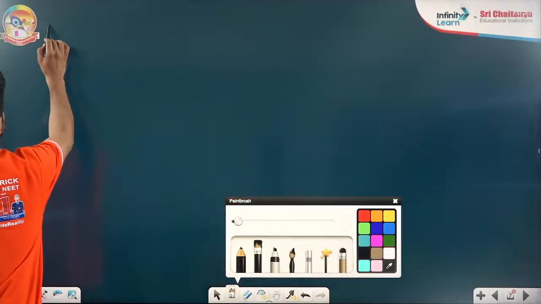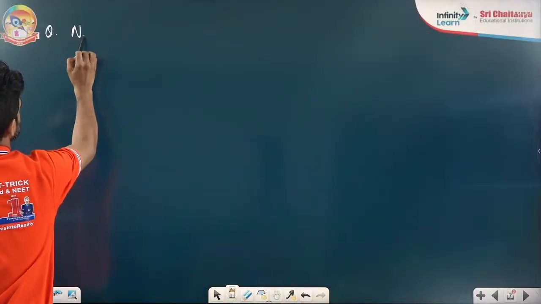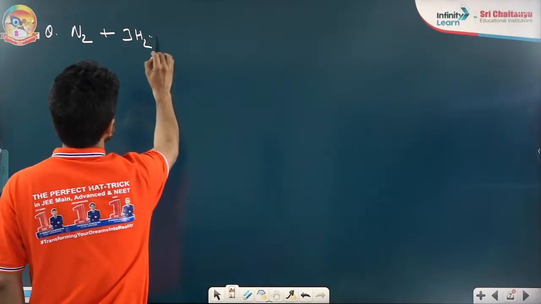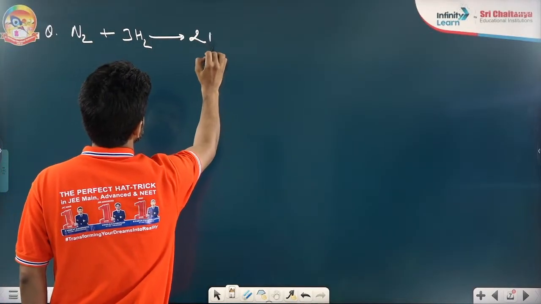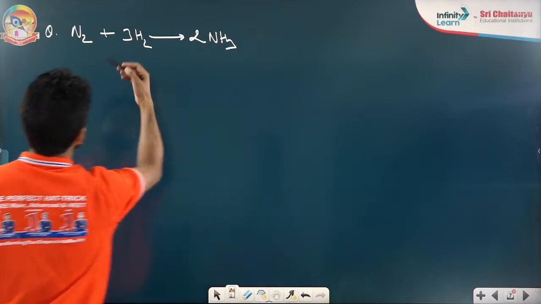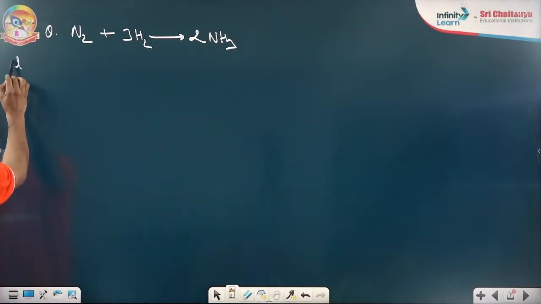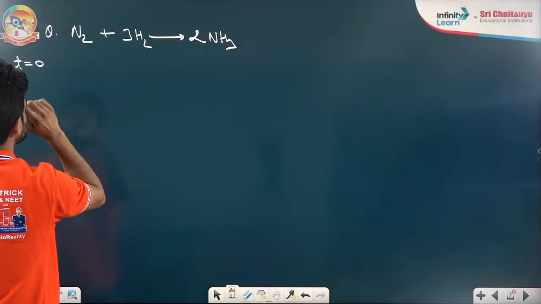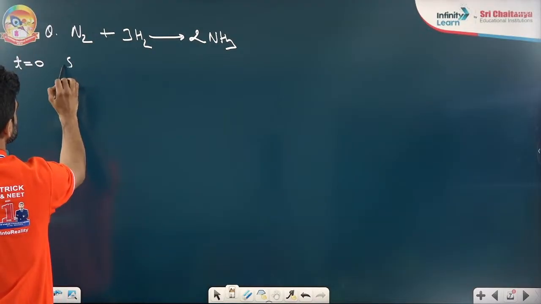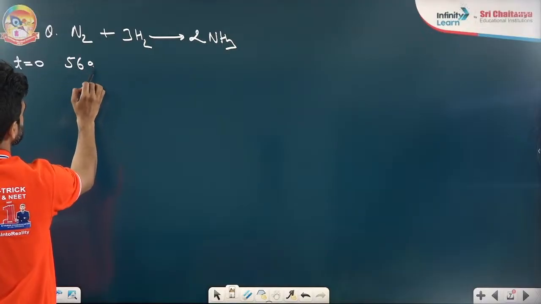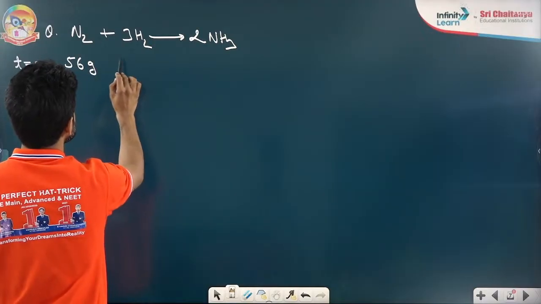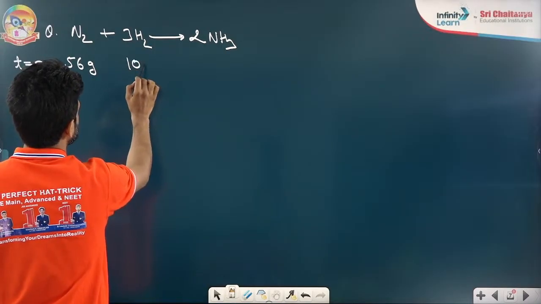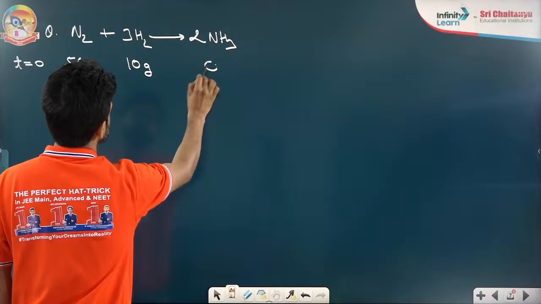Imagine they are giving this one. Again, we are having N2 here, 3 of H2, 2 of ammonia. Now, at time 0, beta, imagine they are giving us 56 gram here, and here they're giving 10 gram, and 0.